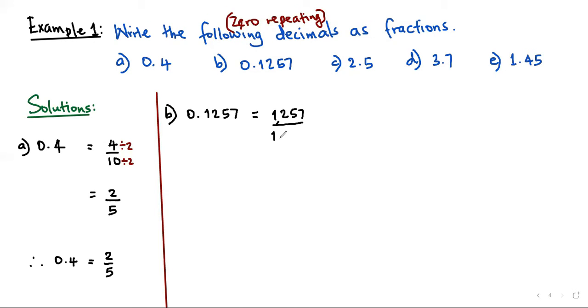So it means that we will have 4 zeros. 1, 2, 3, and 4. So that's how we write that as a fraction.